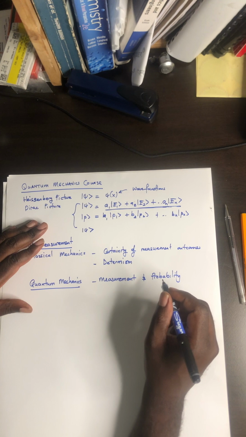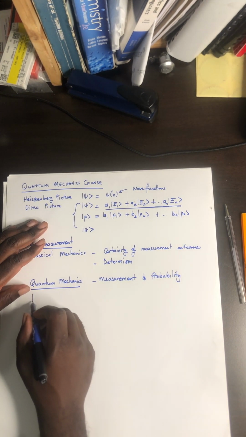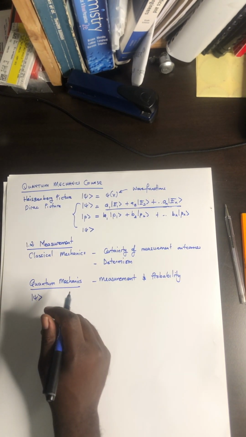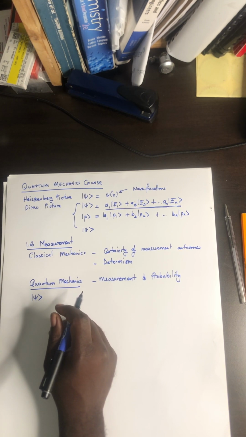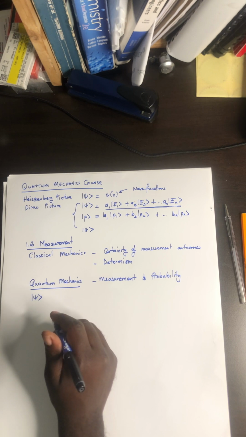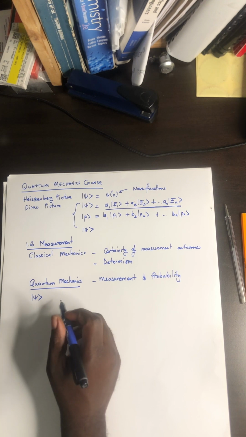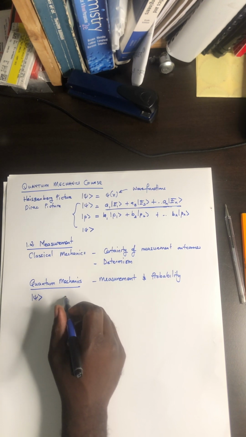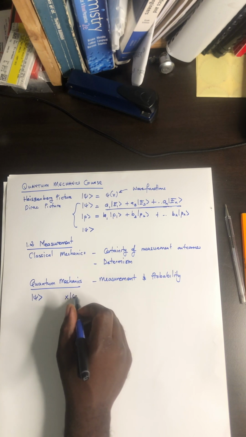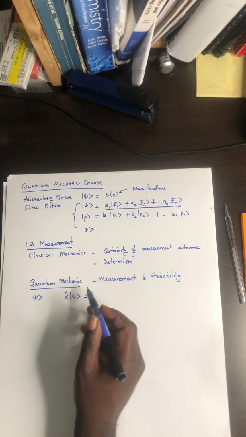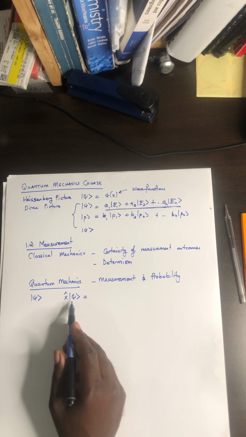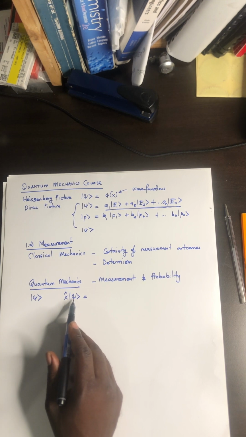So, if we have a state, say psi, that represents a particle, say in a quantum well, and we try to measure its energy, right? Oh, let's say we try to measure its position by using the so-called position operator. Now, this is the position operator. It's acting on the wave function, which represents the dynamic state of our particle.